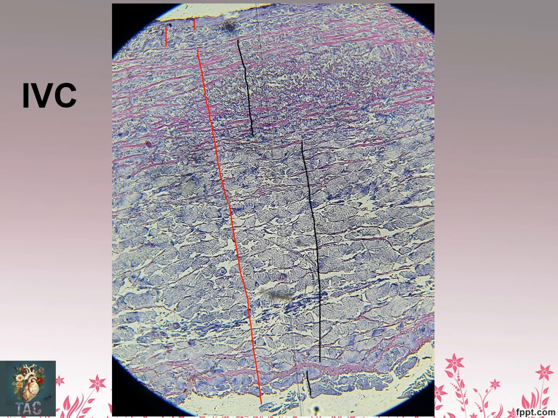Now understand this slide. First, tunica intima, the endothelium and subendothelial connective tissue. Then tunica media, which consists of the smooth muscles and collagen and elastic fiber.